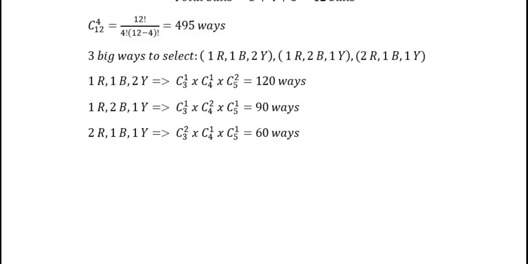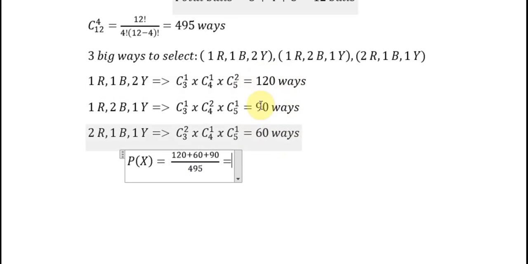And then we calculate the probability. We sum all the numbers together and divide by the total number of ways to select, that's 495 ways, and we get the answer.